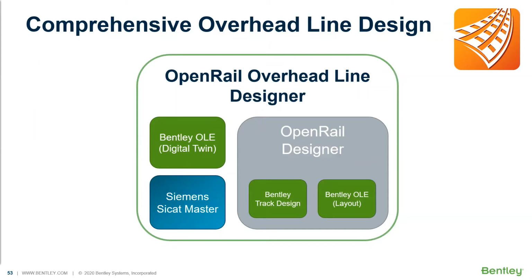On top of that, you have the ability to integrate with the Siemens Cycat Master, which we understand is one of the top design products for the electrification system. You can just bring the data into OpenRail Designer, and we have some tools to analyze all the catenary masters and wire systems.